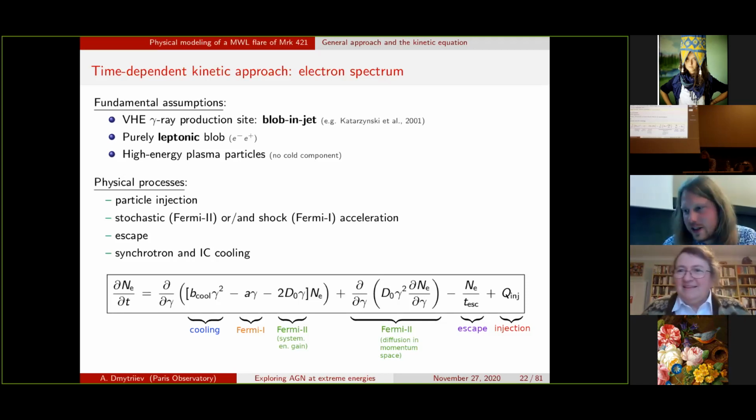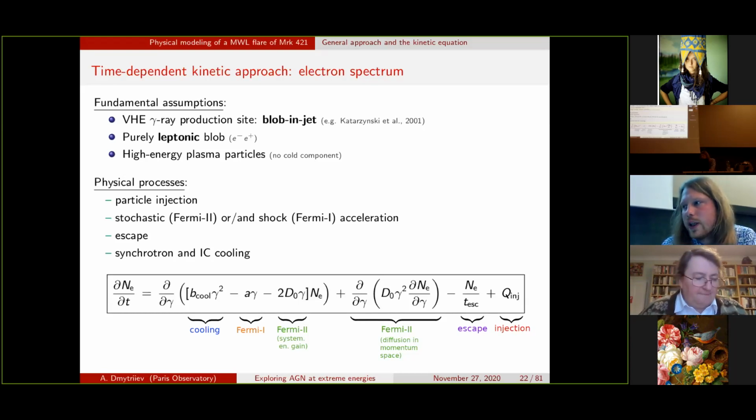Yeah, so what's special is the treatment of the acceleration process. As you can see, we treat Fermi 1 and Fermi 2, and first of all, there is the general assumption about the perturbation.